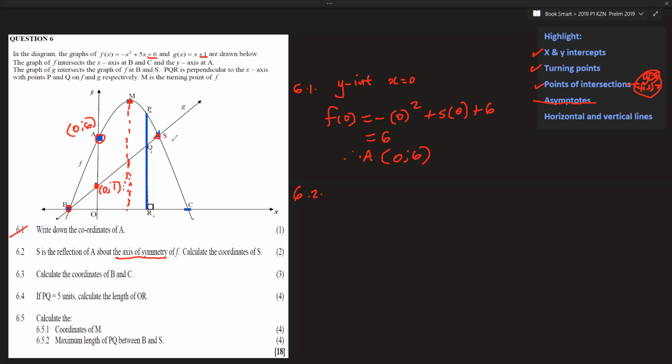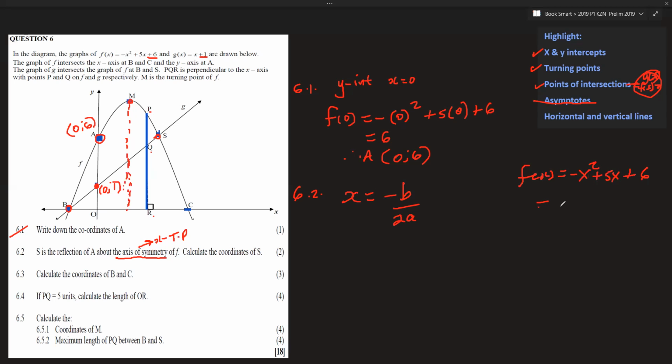So now I'm going to find the equation of the axis of symmetry. The axis of symmetry is basically the x value in the turning point. So if the question says calculate the equation of the axis of symmetry, you just find the x value of the turning point, which is negative b over 2a. By the look of things, I have f(x) equals negative x squared plus 5x plus 6.